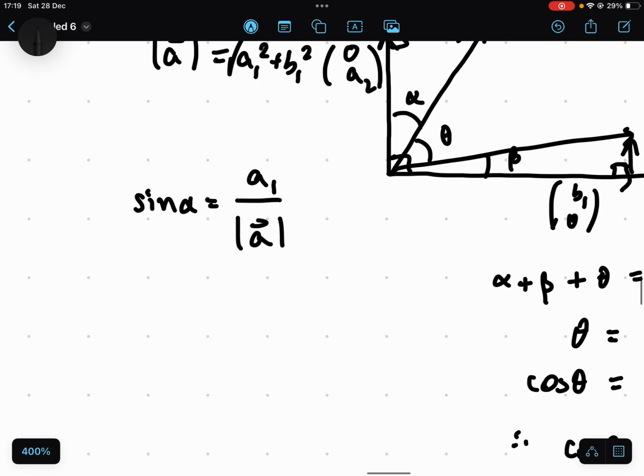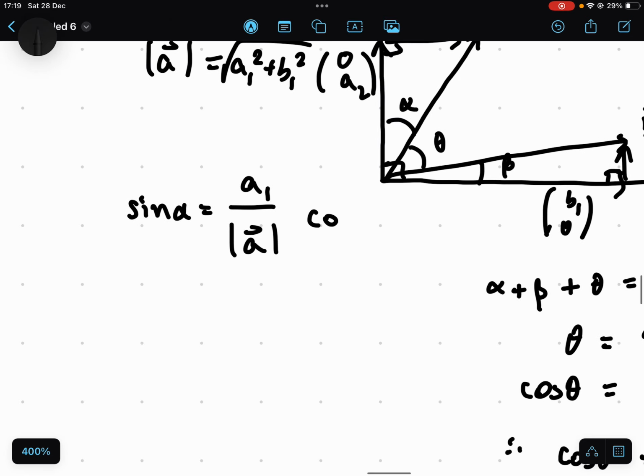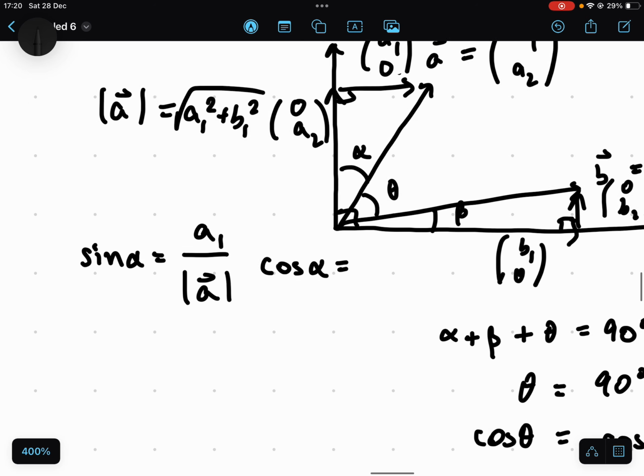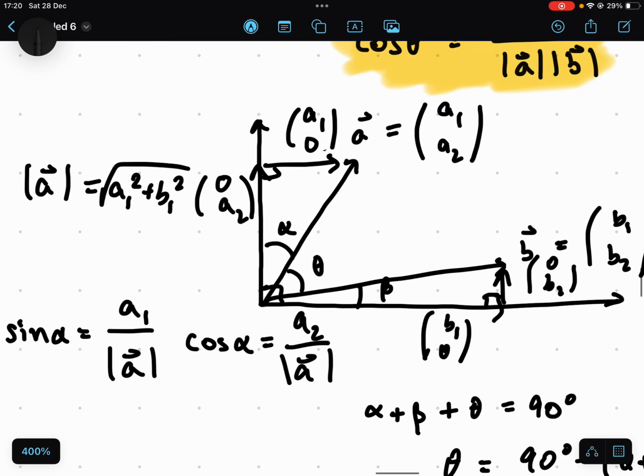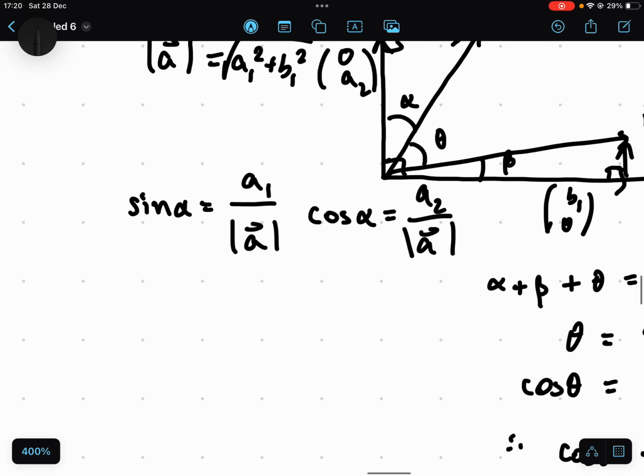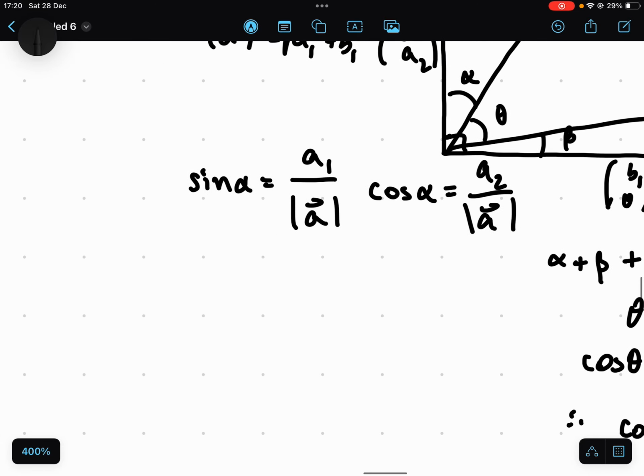Cosine of alpha is just going to be A2 over the modulus. That's exactly what we're doing here. Great. Next one, let's go to sine of beta.